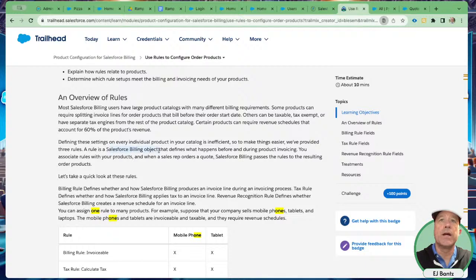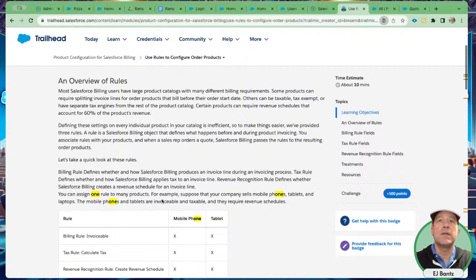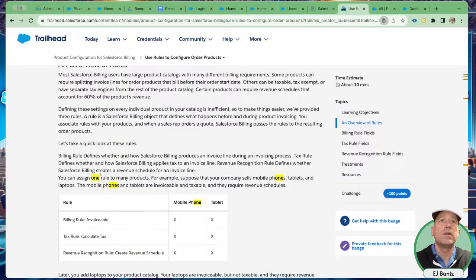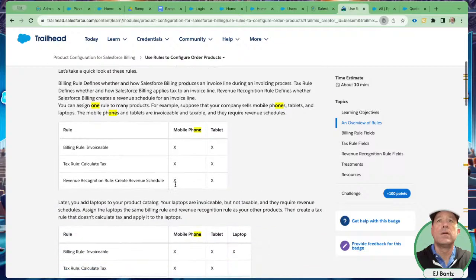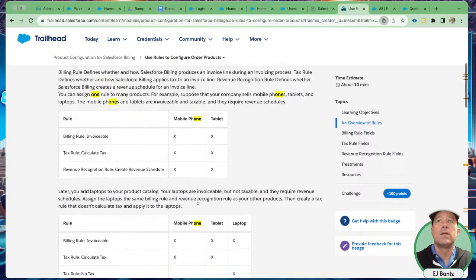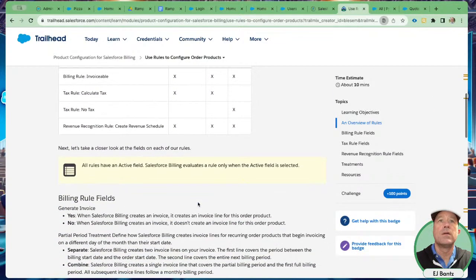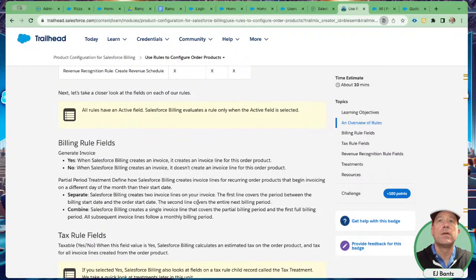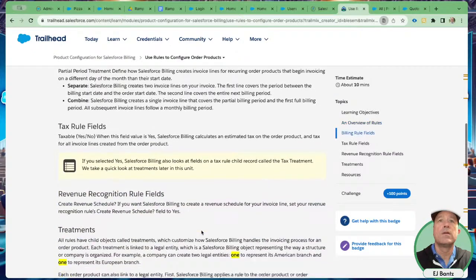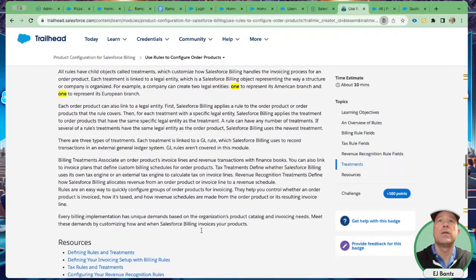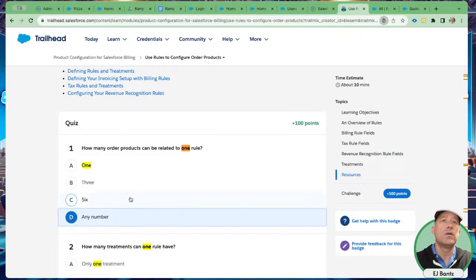A rule is a Salesforce billing object that defines what happens before and during product invoicing. You associate rules with your products. And I haven't seen it say that there's a limit. So I'm going to go with any number.